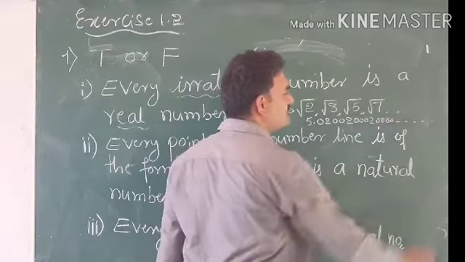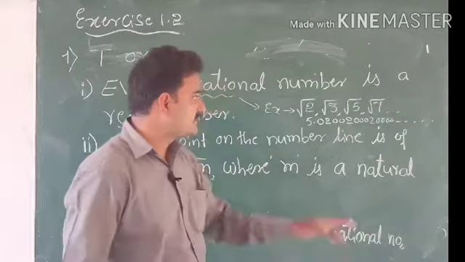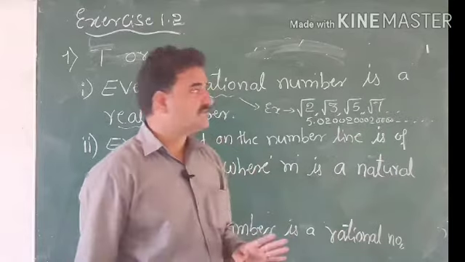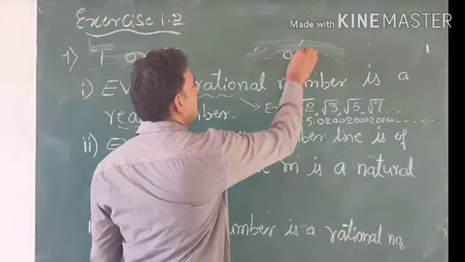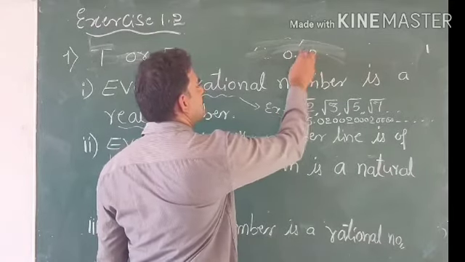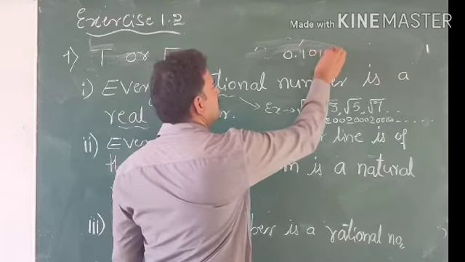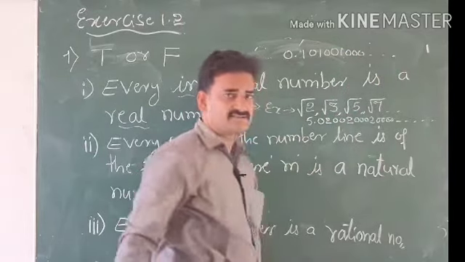Like that, it is not going to end. Write a number which is not going to end, each time increasing one zero. One more example: let us say 0.1, 0.10, 0.100, 0.1000, like that.